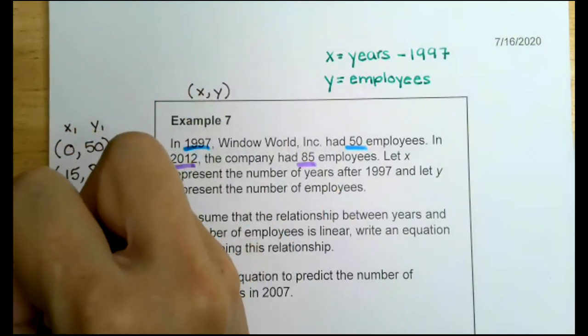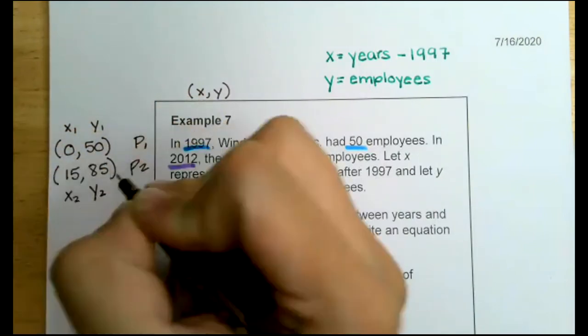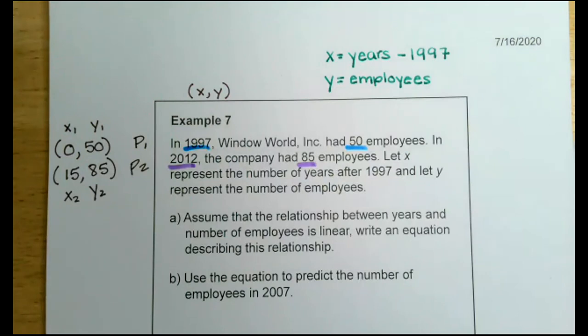So we can say that's our X2, Y2. But look at the 0, 50. If you were to plot 0, 50, it would actually be a Y-intercept, right? It crosses Y at 50.